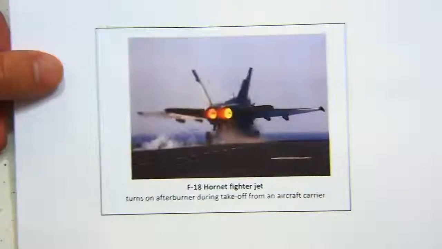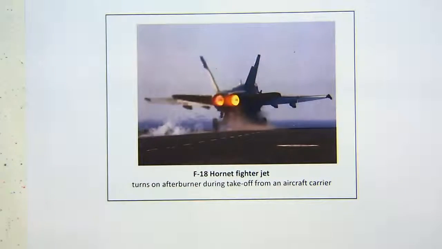You can consider there are situations where this kind of additional thrust would be needed. One of them is shown here. If you have a jet fighter on board an aircraft carrier, the distance for the aircraft to take off is always limited, and you want the aircraft to take off successfully within the short distance.